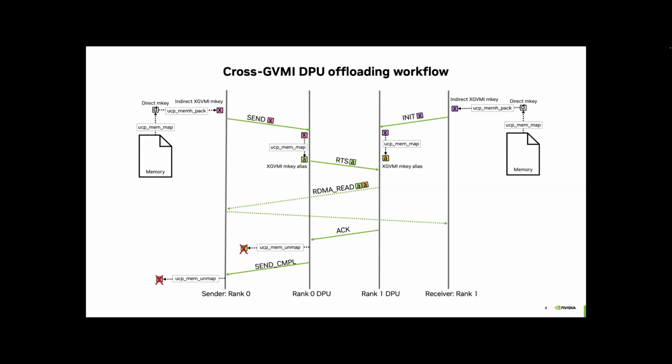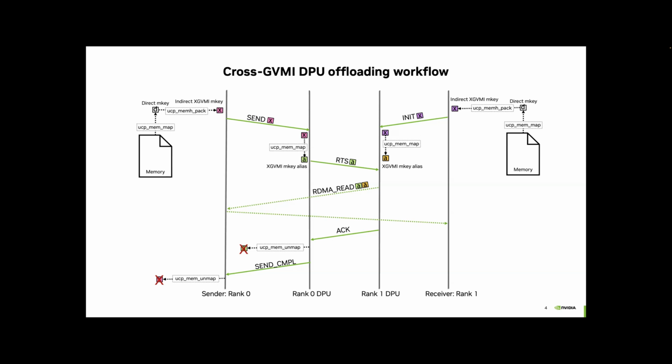As a result, we get a cross-GVMI memory key that we need to propagate to the DPU side. Once this memory key is received by the DPU side, we need to do a sort of import operation. Importing means we call, again, UCP memmap with the import flag, and this internally creates an alias to the host cross-GVMI memory key.